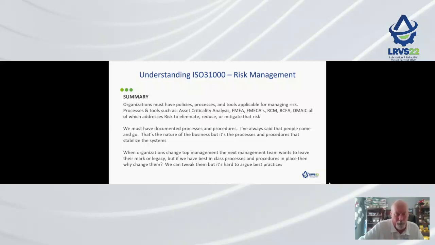We can also apply reliability-centered maintenance. Now, if we do experience a failure that we did not capture on our FMEA or our FMECAs or in our PMs, or our PdM strategies, we need to conduct a root cause failure analysis. And what mitigation are we going to put in place? What task are we going to put in place to address that failure mode?